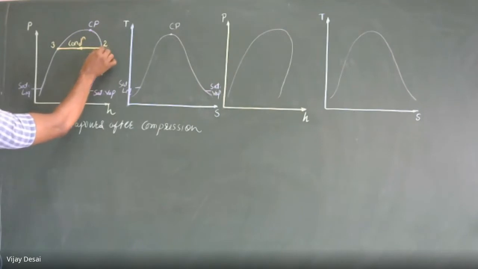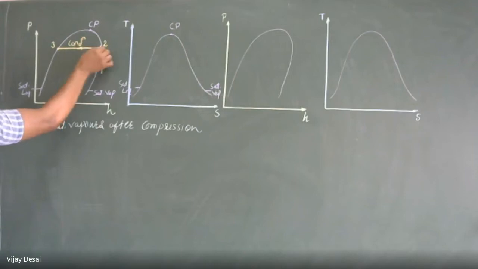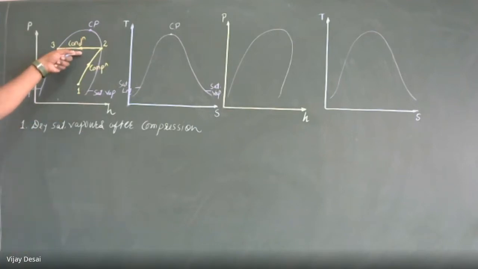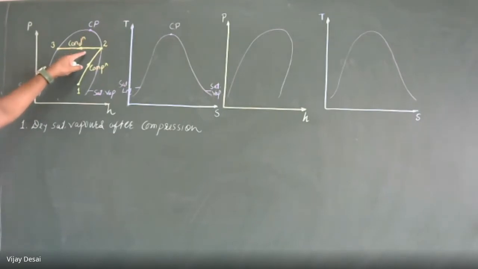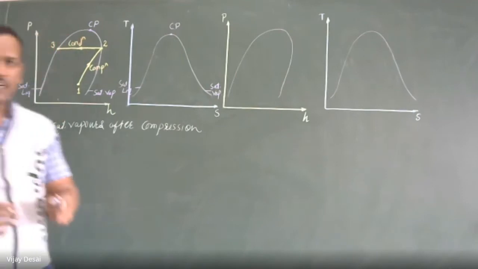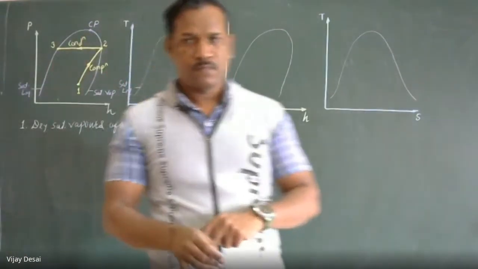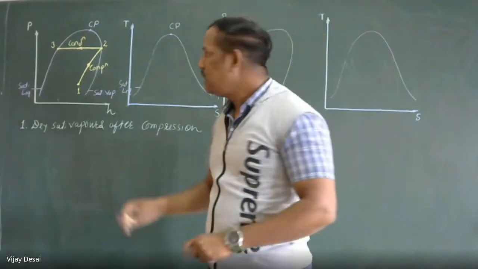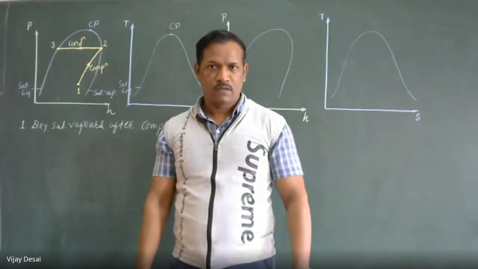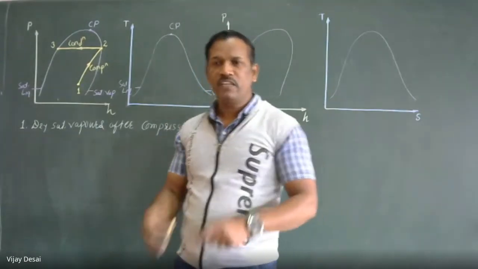So enthalpy at point 2 is higher, and when we remove latent heat, it changes into liquid form, so enthalpy at 3 is lesser. So temperature is constant because we are extracting only latent heat, but enthalpy is reduced. After the condenser, we supply that high pressure, low temperature, liquid refrigerant into the expansion device, where the throttling process happens.